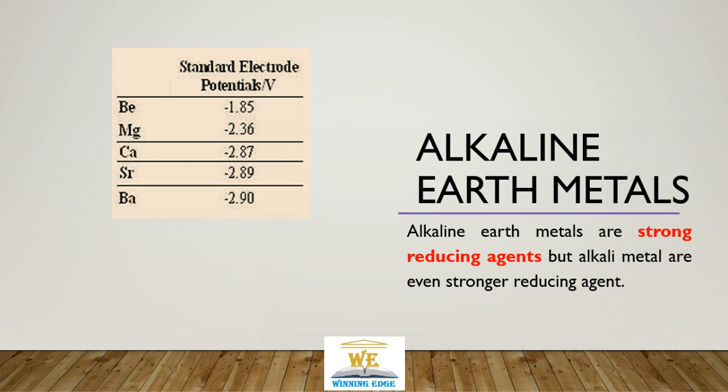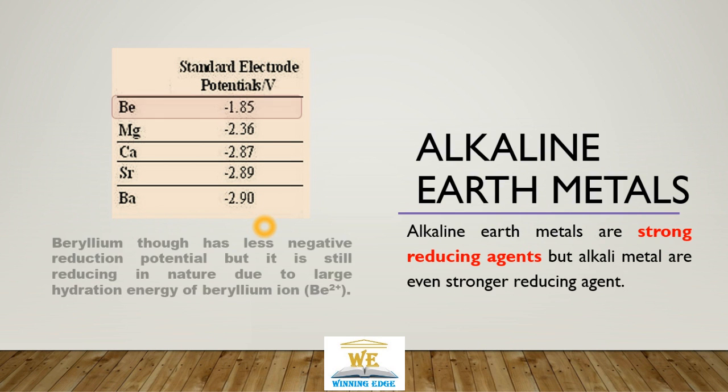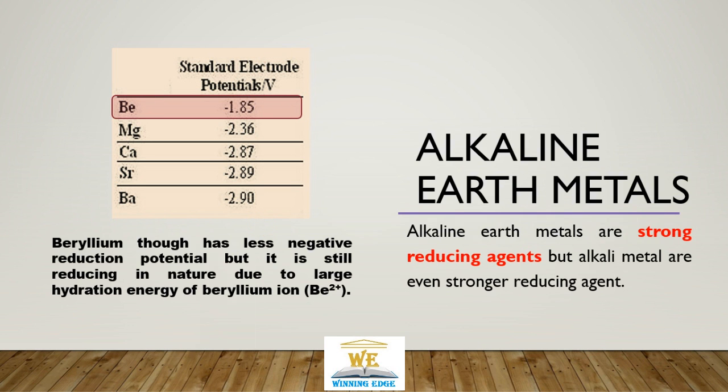So in that we see barium will be the best reducing agent among all the alkaline earth metals. Although beryllium has a low standard electrode potential, still it's a reducing agent.